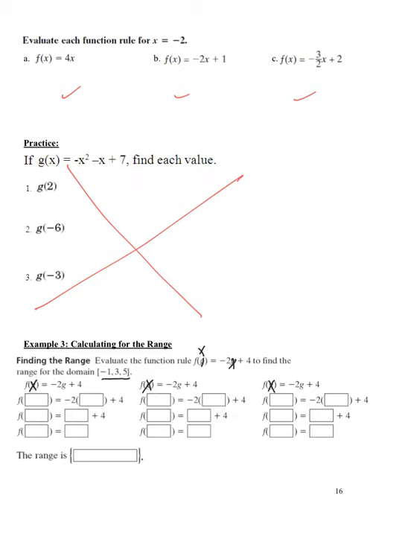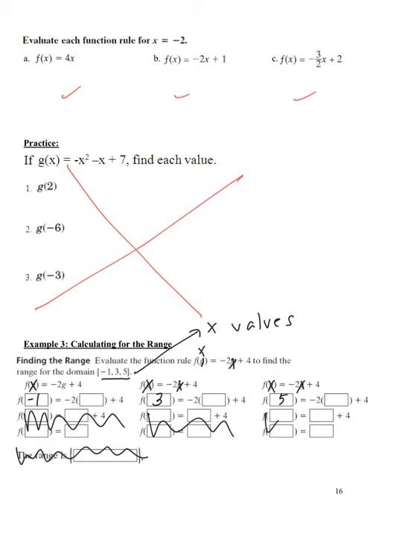These numbers right here, -1, 3, and 5, those are your X values. So you can put a -1 there, you can put a 3 here, and you can put a 5 here. You only have to do that top row, so you can cross this piece off, you can cross that off, you can cross that off. You're only doing the top row.